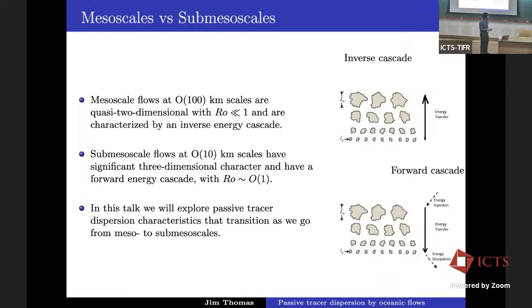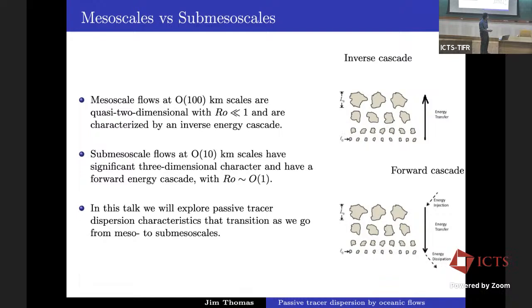Now, as you go to submesoscales, which are on the order of 10 kilometers and smaller, the effect of the Coriolis term becomes weaker. Rotation has less significance than at mesoscales. The Rossby number approaches order 1 values, and the flow takes on a more three-dimensional character. So now energy goes from bigger vortices to smaller vortices.